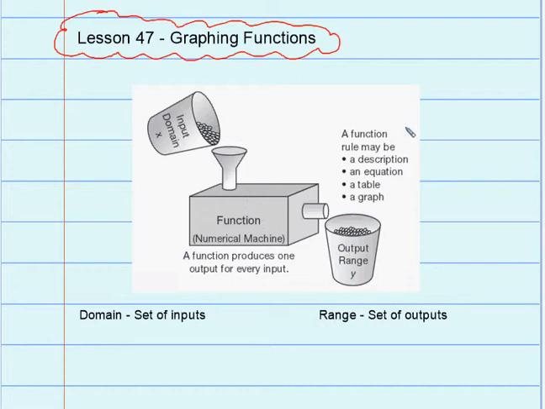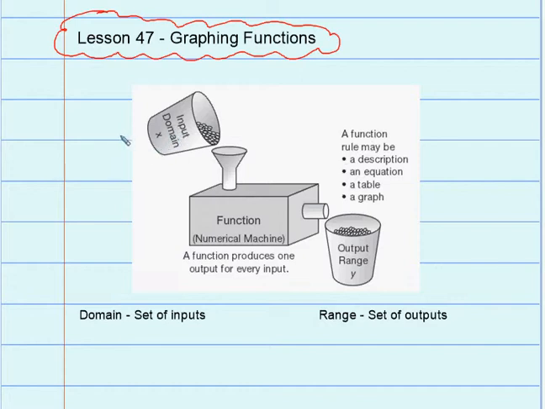We've already talked about this piece right here. A function may be described as a function rule, may be a description, so that's words, an equation, a table, a graph. Okay, so there's different ways that you can represent a function.